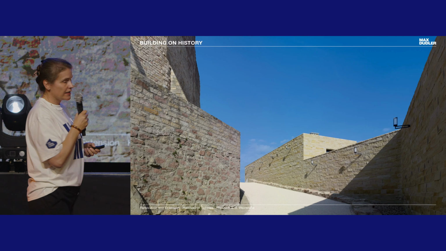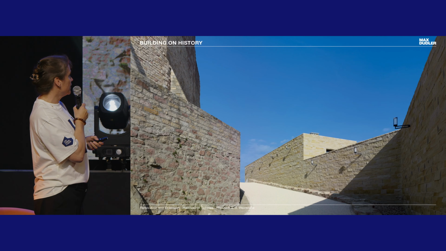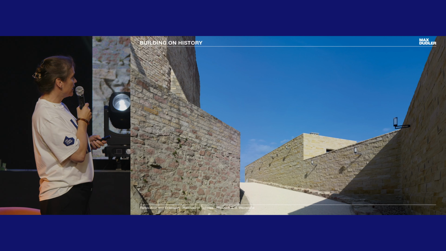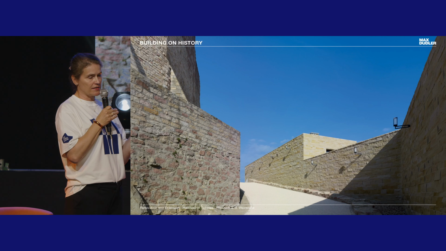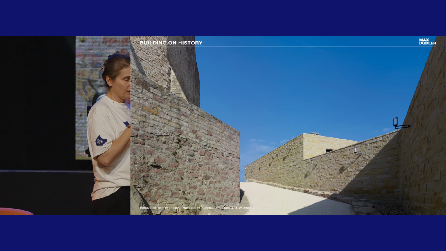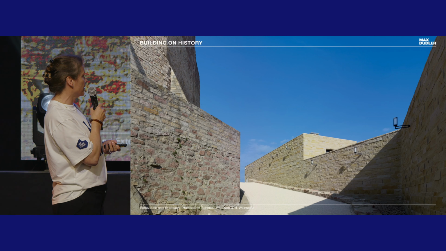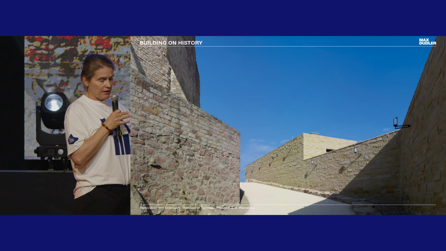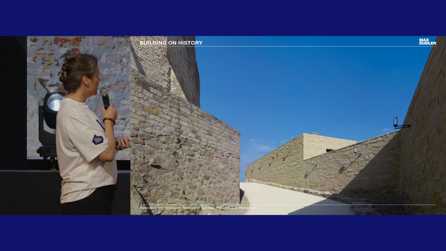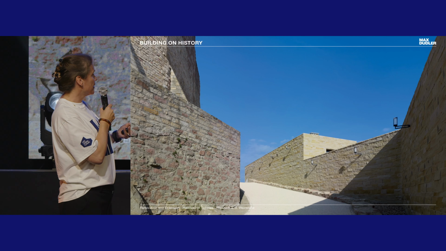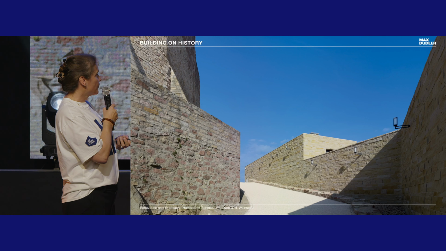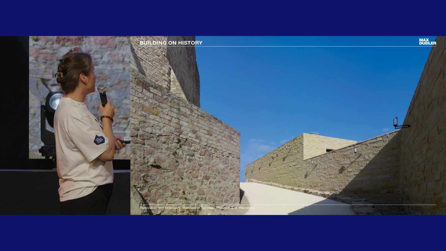Here you see the old wall and the new. It's slightly different, but has a lot of similarities, and that's the idea, at least in our approach, of how you can fit new structures within the old: to take the color, the material, and to reinterpret, to transform it.